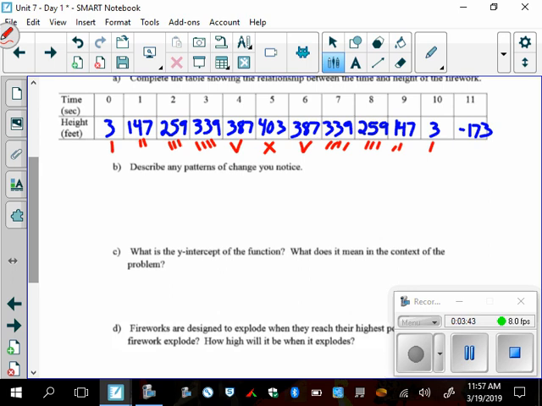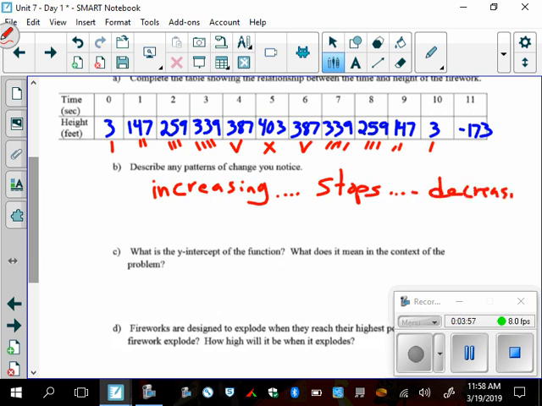Okay, and there's some middle points. So it looks like from 0 to 5, the graph is increasing. It stops increasing, and then it begins decreasing.